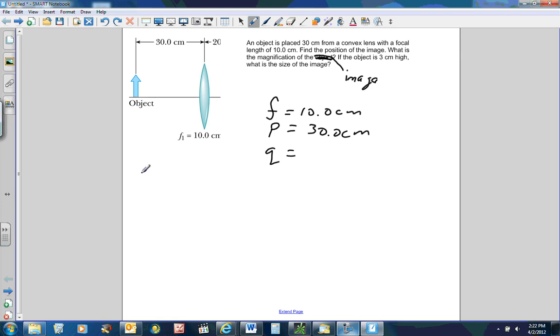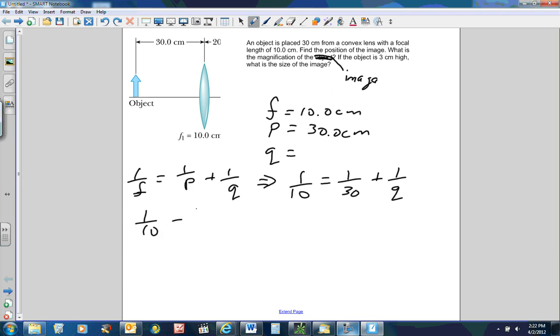So we're going to use the equation 1 over F equals 1 over P plus 1 over Q. Just plug in. So 1 over 10 equals 1 over 30 plus 1 over Q. So 1 over 10 minus 1 over 30 equals 1 over Q, and Q is going to equal how many centimeters?